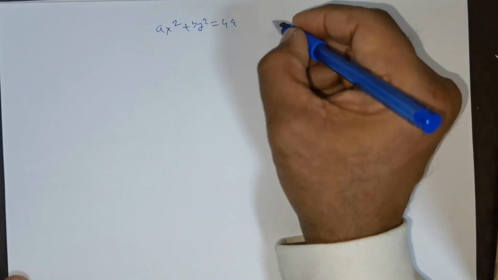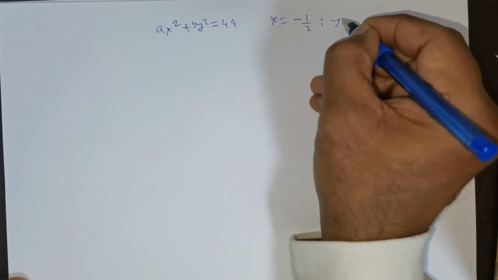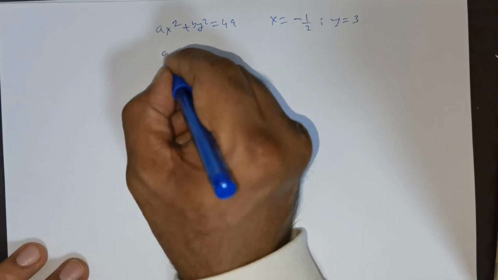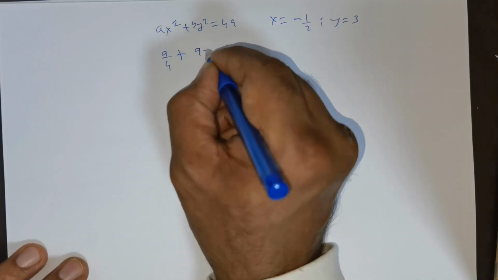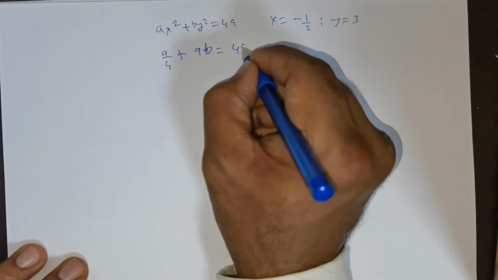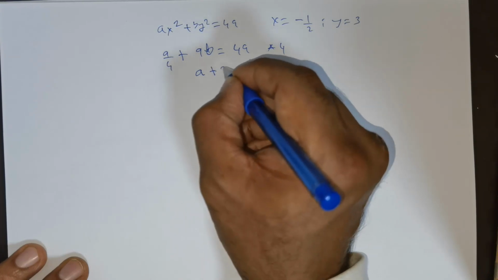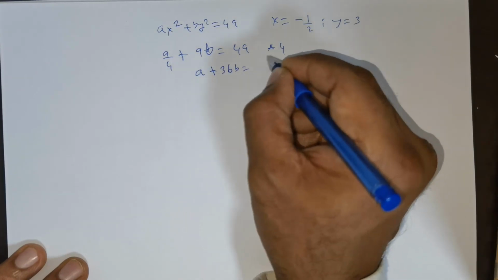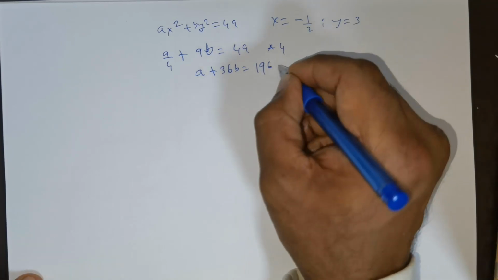Now I'm going to substitute x is equal to negative 1 over 2 and y is equal to 3 here. So this will become a over 4 plus 9b is equal to 49. I will multiply by 4. That will give me a plus 36b is equal to 196.